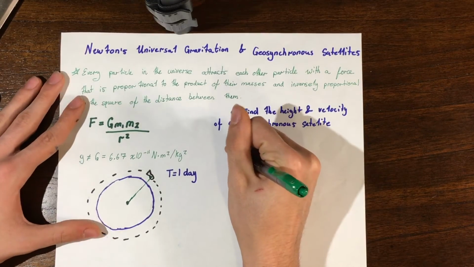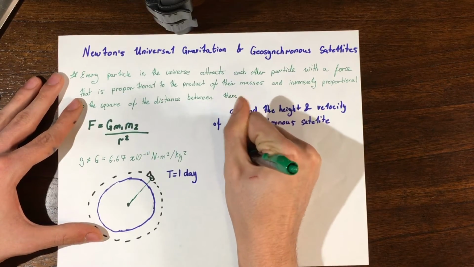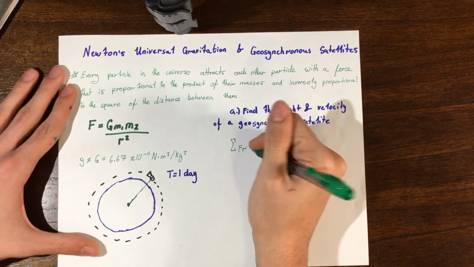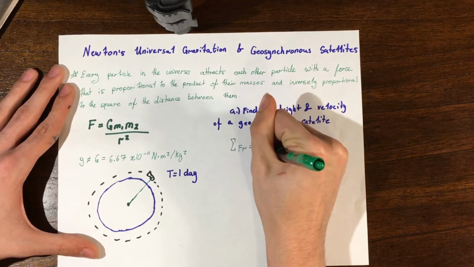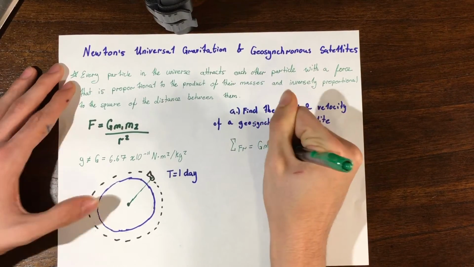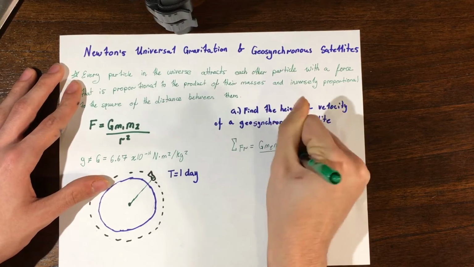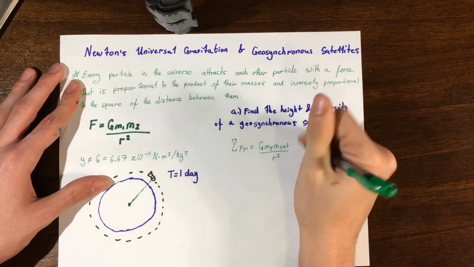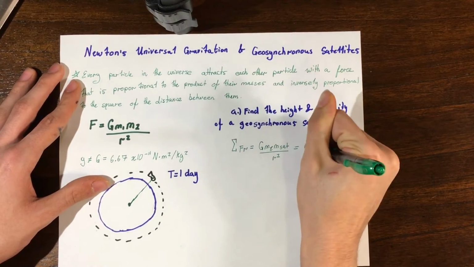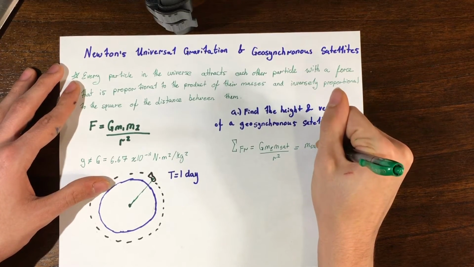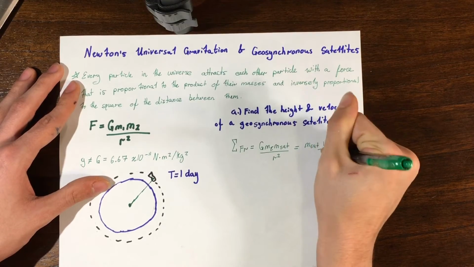So now we're going to write our summation of the radial force, and the only force that we're assuming is acting on it is G times m of Earth times m of satellite over r squared, and that's going to be equal to the satellite's mass times v squared over r.